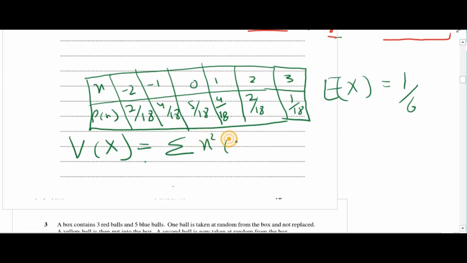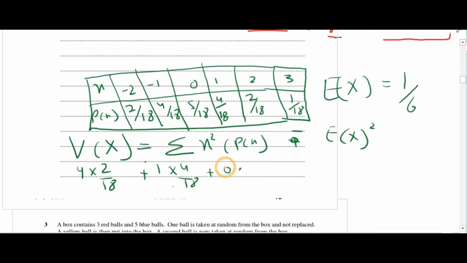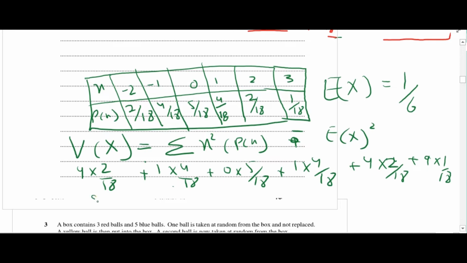For finding the variance of X, we sum up all the values of x squared times P(x), minus E(X) squared. So x squared is, for the first value, 4 times 2 by 18 plus 1 times 4 by 18 plus 0 times 5 by 18 plus 1 times 4 over 18 plus 4 times 2 by 18 plus 9 times 1 by 18.